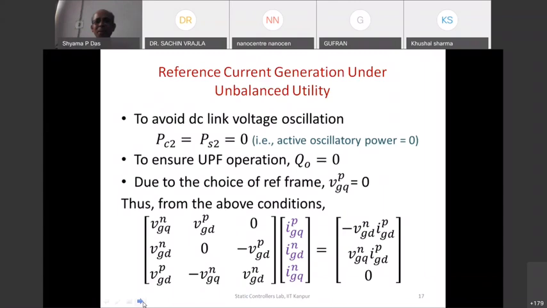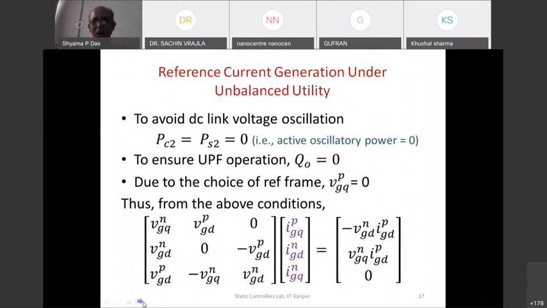We have to have VGDP, the positive sequence d-axis current, because our control is not in ABC. Control is actually in the DQ reference frame. Control is synchronous reference frame, which is basically the DQ reference frame. And in synchronous reference frame, we now have 4 references.